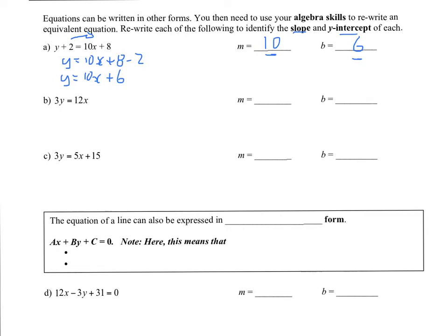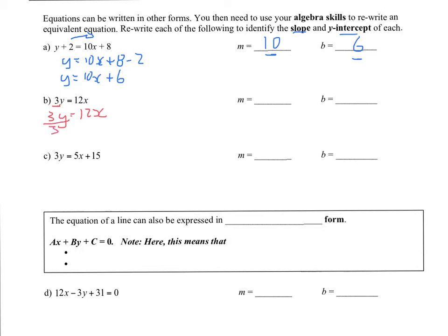Now, in part B, we do have y on one side, so some of you might think it's good, but if you remember your calculator or the form y equals mx plus b, it's one single y value on the left-hand side. So when you have 3y is equal to 12x, we have to divide all terms in the equation. Whatever you do to one, you have to do to all others.